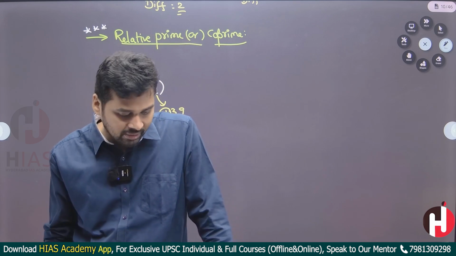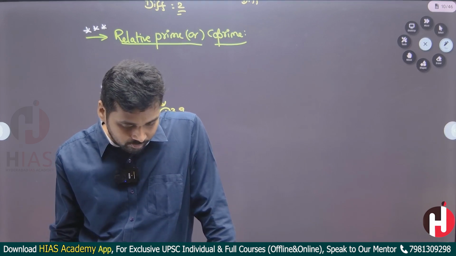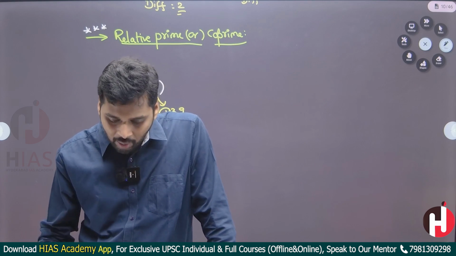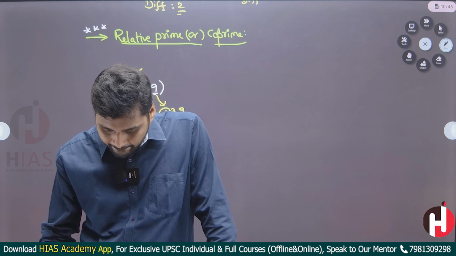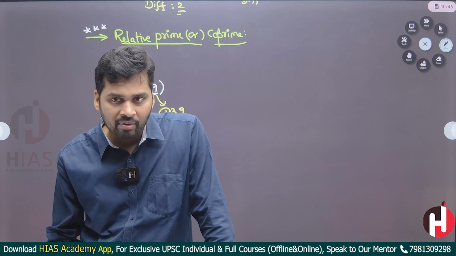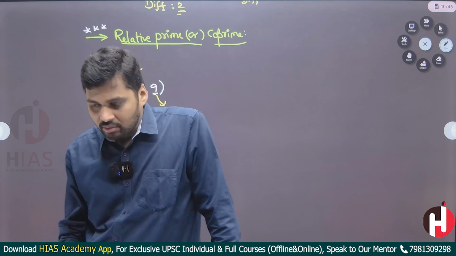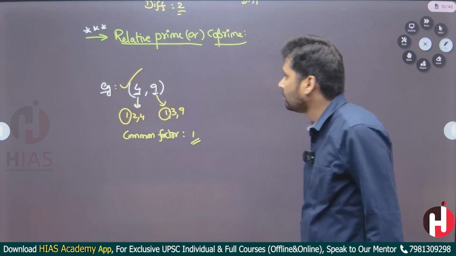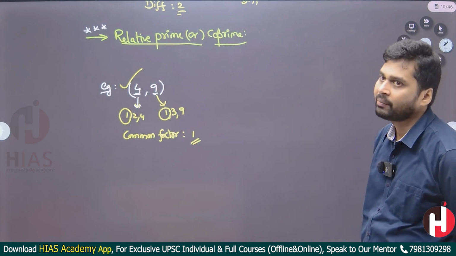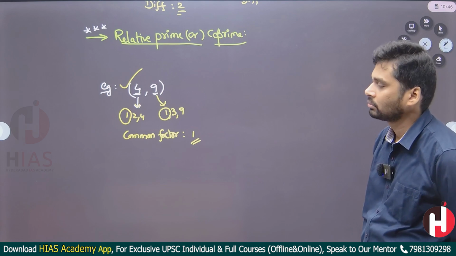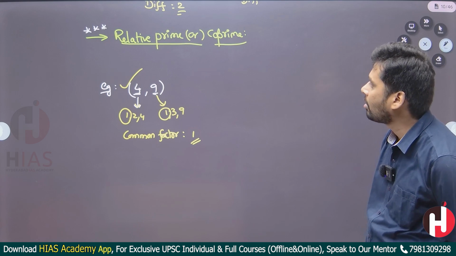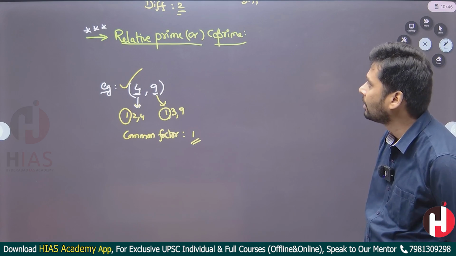If two or more numbers have only one common factor, those numbers are called relative prime or co-prime.